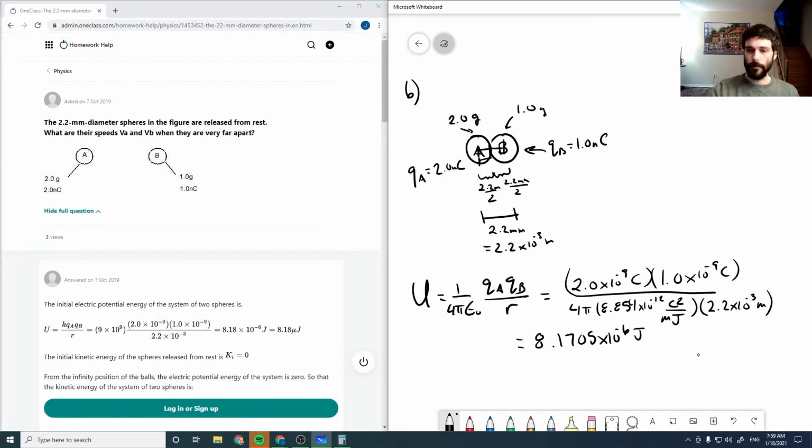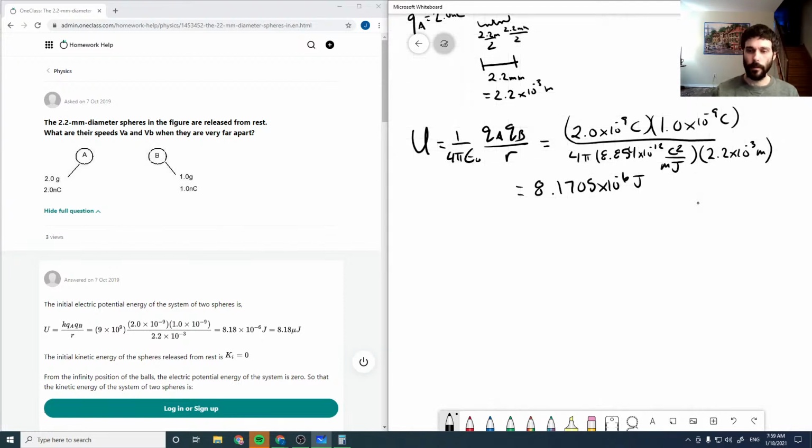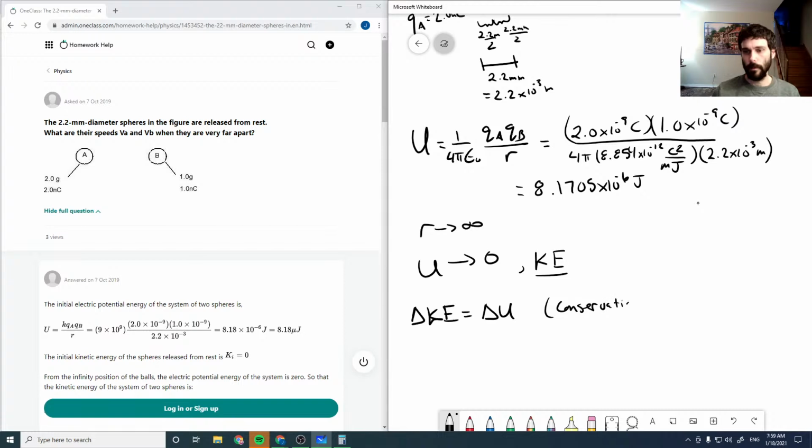Now, when the particles are very far apart, R goes to infinity, so U goes to 0. So we're going to have a final kinetic energy KE. Then delta KE is equal to minus delta U from conservation of energy.